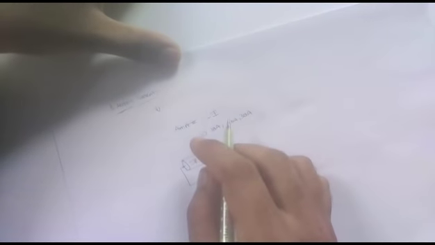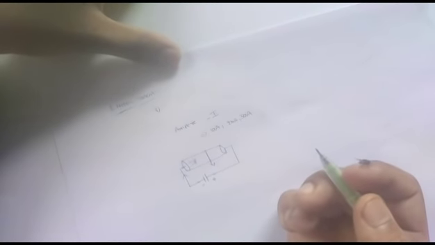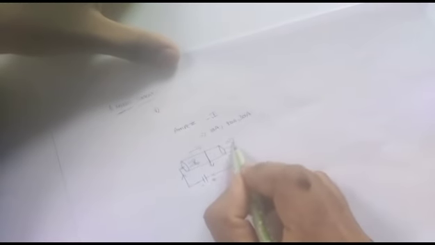Let us assume we have free electrons because it is a conductor, and this is the cross sectional area. The movement of the current will be in this direction, flowing in this conductor from this way to this way.